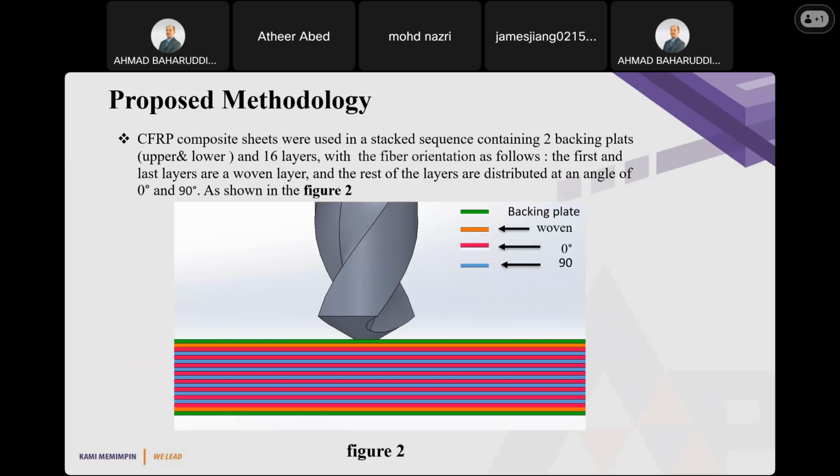But I see many people use just one backing plate under the material. I will make two, one under and one upper the material. And I will make the first layer and the last layer a woven orientation, and the 14 layers in between a 0 and 90-degree orientation.